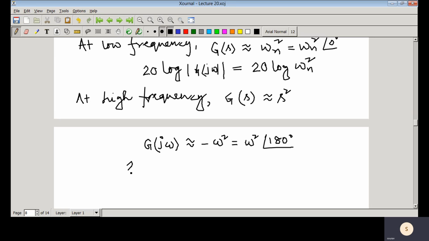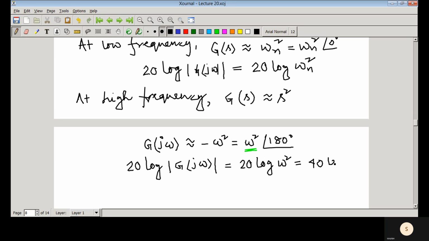And in dB scale, that is 20 log |G(j omega)|, that one would be equal to 20 log omega square. That means this magnitude only, and this one we can write as 40 log omega.